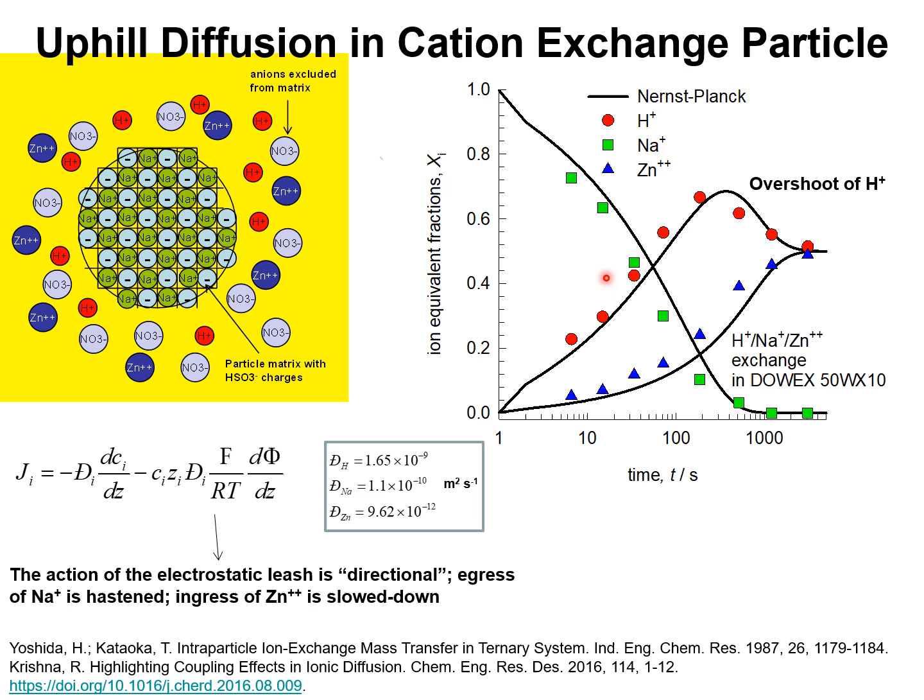The net result is an overshoot in H+, and you will note that there is a concomitant rapid decline in the ion fractions of the sodium cations, shown in green.